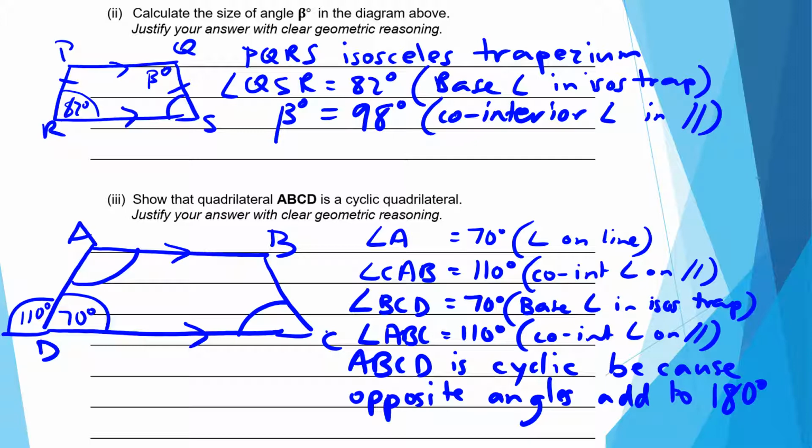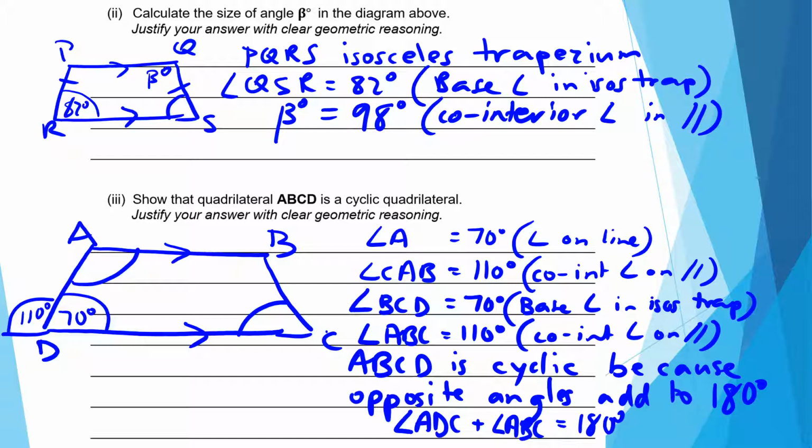And if you wanted to give a little bit more proof, you could say angle ADC plus angle ABC equals 180 degrees.